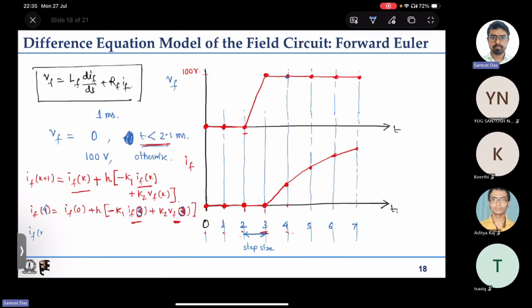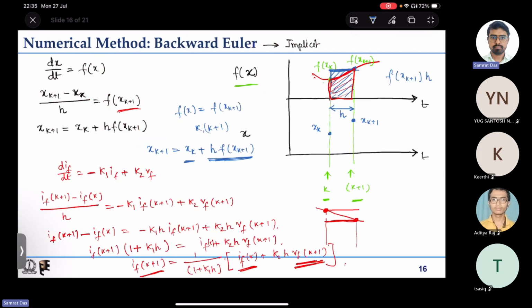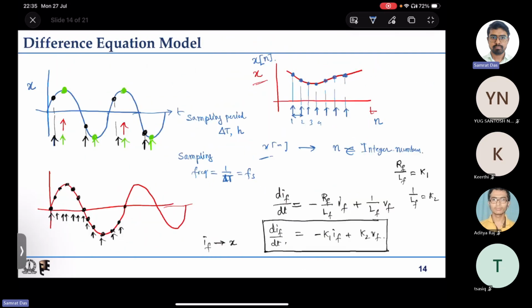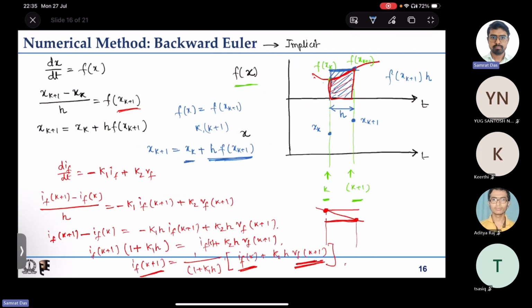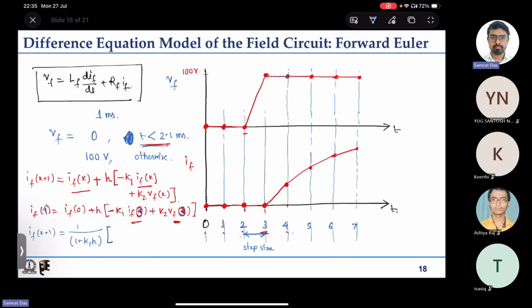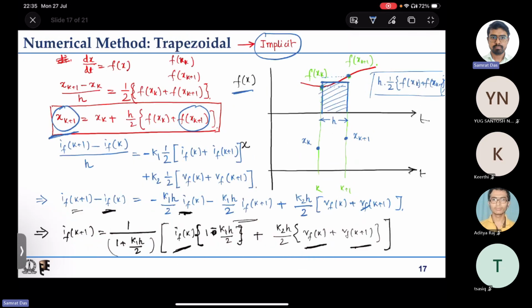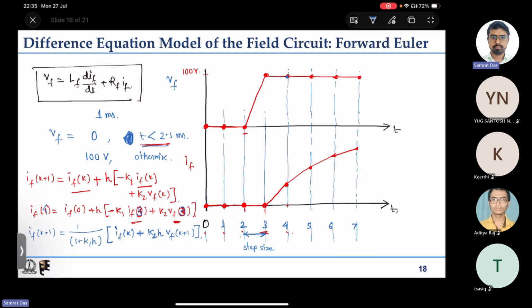IF k plus 1 is equal to 1 by 1 plus k1 into h, correct, multiplied by IFk plus k2h into VF k plus 1, right? So this is our equation. The blue one is when we try to solve using backward Euler.